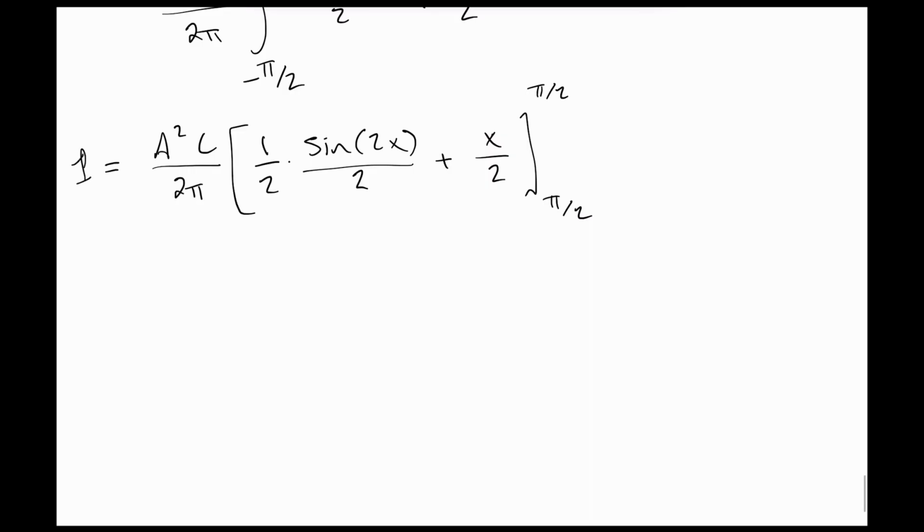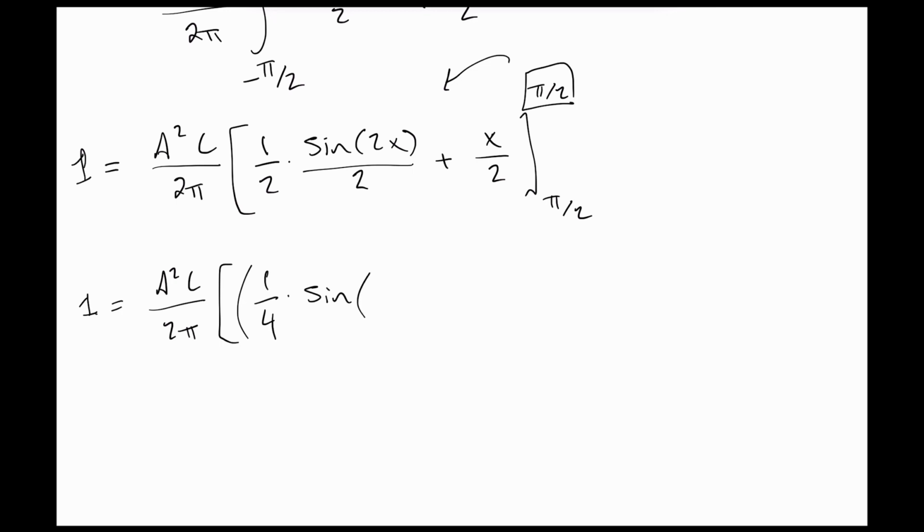Remember, all of this equals 1, so we got 1 is equal to a squared L over 2 pi, boom. Now we can take this top bound, plug it in everywhere we see x, so I have 1 over 4 times sine of pi over 2, which gives me pi right here, right?